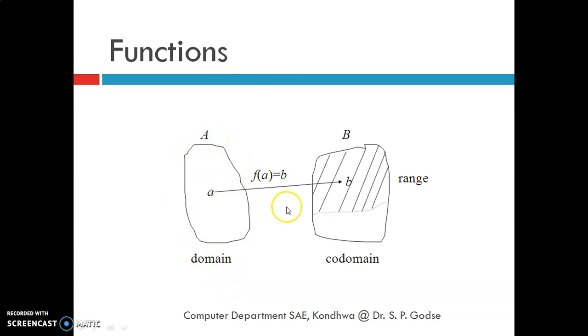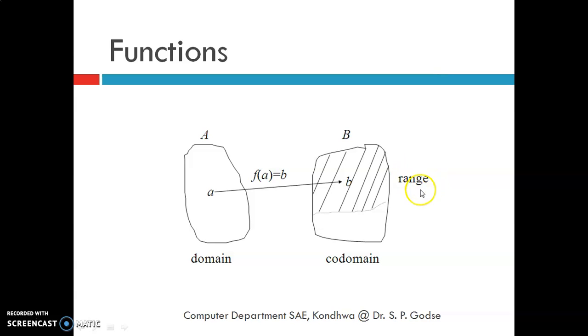So it is tried to represent in the form of graphics. Here this is the set A, that is nothing but the domain, and function f: A → B means we are taking different inputs from the domain set and putting them into the function. We will get different values of B, that is nothing but the codomain.